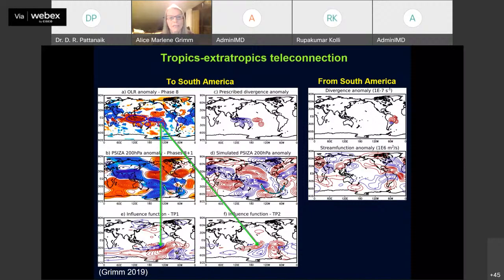So looking at the influence function for these two action centers of this anticyclonic and cyclonic circulation, we see that this region here, in the subtropics of the Central East South Pacific, where there are the strongest convection anomalies, is the most efficient region to produce these two circulation anomalies. Next, please.